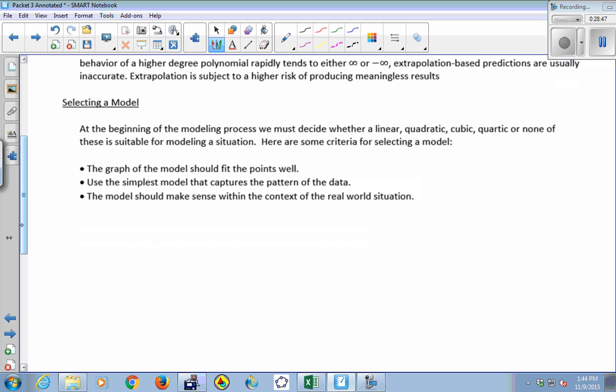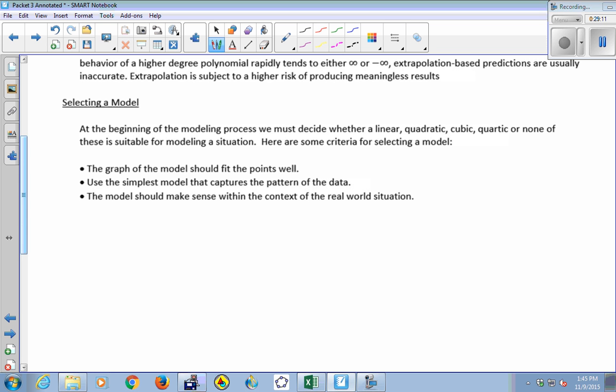So for selecting a model, you have to decide what degree polynomial to use. Your calculator can do linear, quadratic, cubic, and quartic regression. Okay, so that's up to 4th degree. Some criteria for selecting a model. The graph should fit the points reasonably well. Use the simplest model that captures the pattern of the data, right?